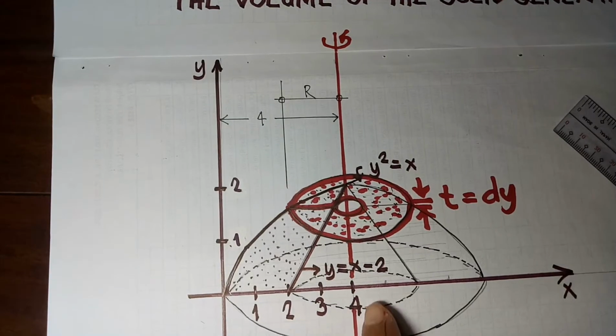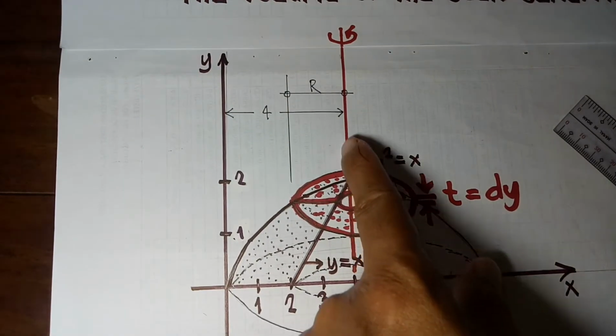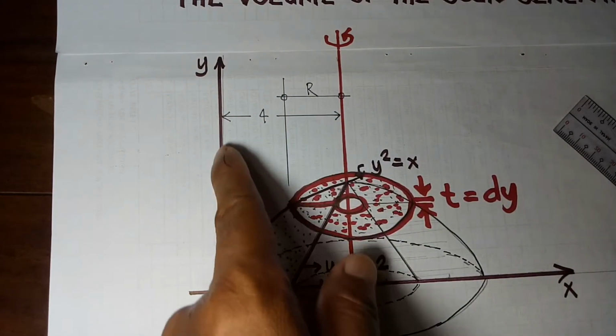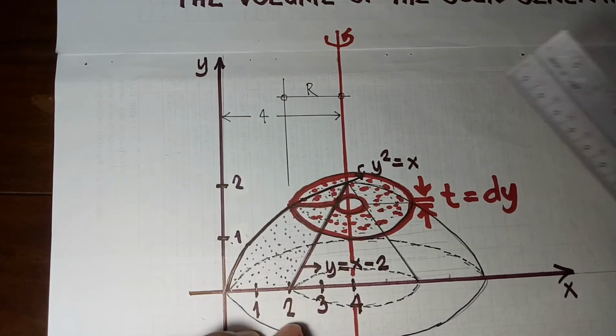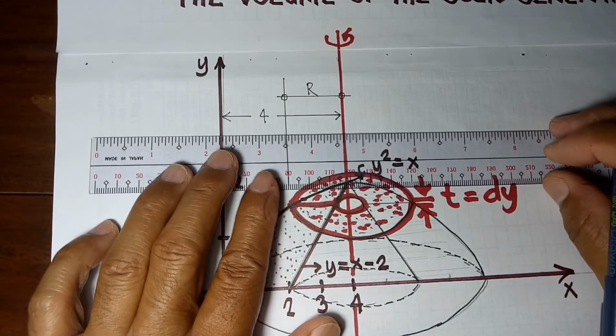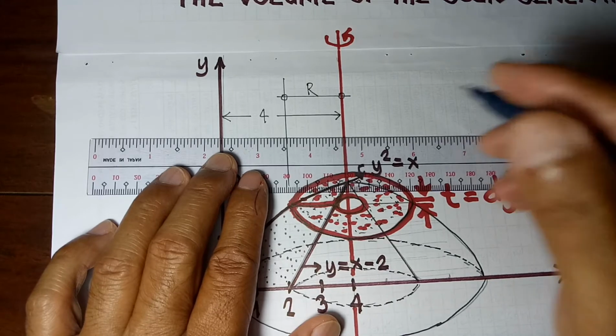Ano? X equals 4. Ayan. X equals 4. Okay?